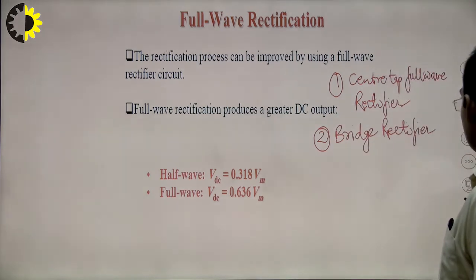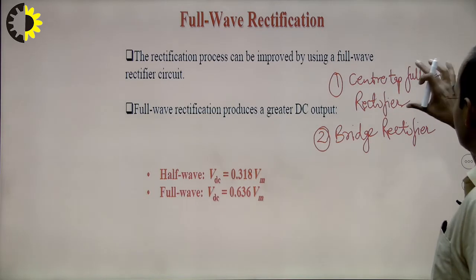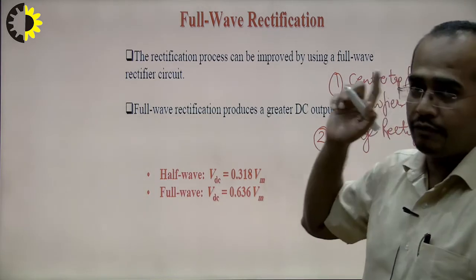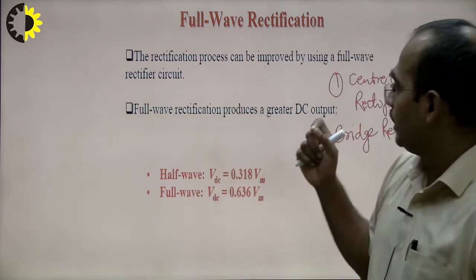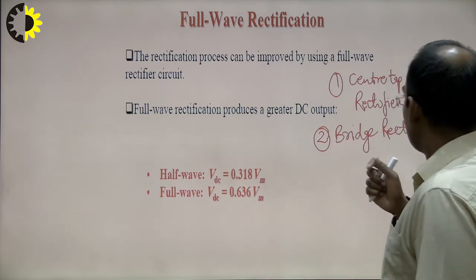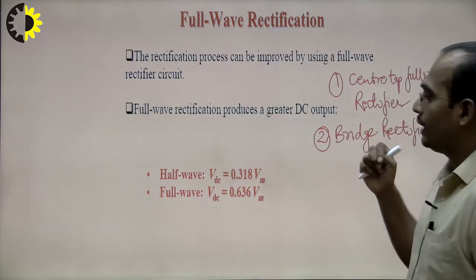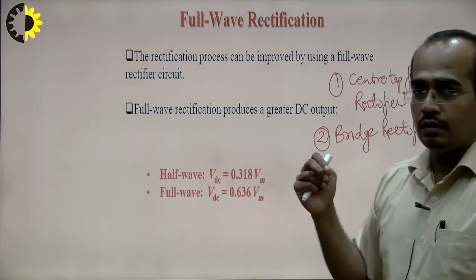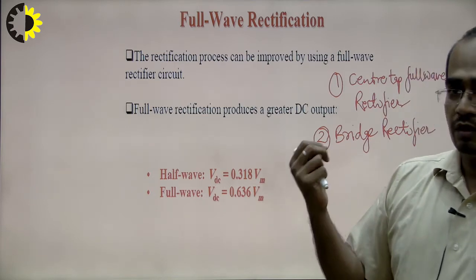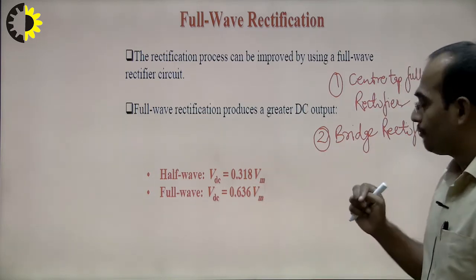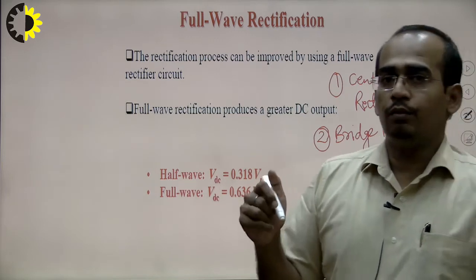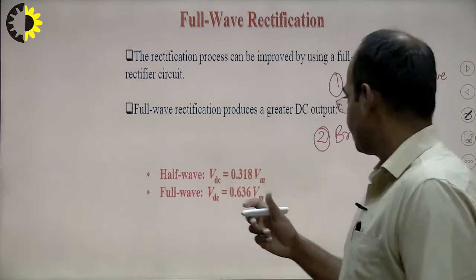In a half wave rectifier, one diode and one transformer are used. In a center tap full wave rectifier, two diodes and one transformer are used. In a bridge rectifier, four diodes and one transformer are used.